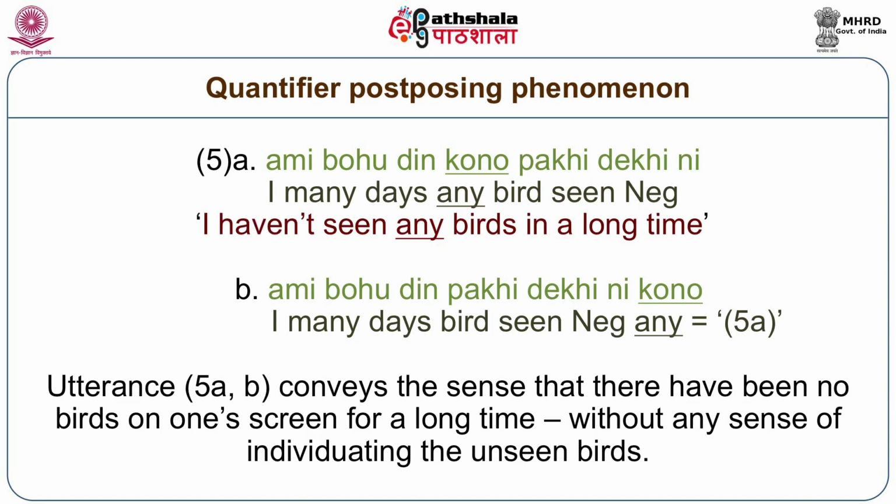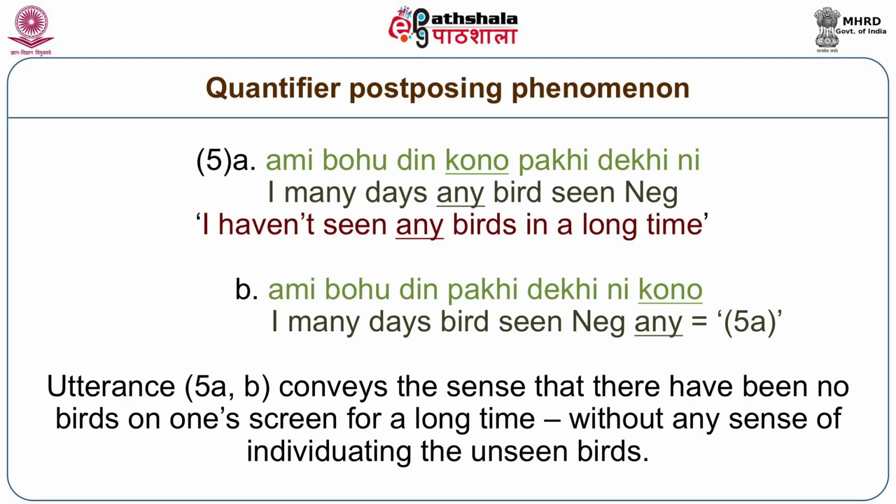Where kono pakhi, any bird, does not carry any case marking. It turns out I can move the word kono, which means any, to the extreme right of the sentence, producing from 5a the optionally different surface structure 5b. Ami bohudin pakhi dekhini kono. I, for a long time, bird, haven't seen any, which is not possible in English. You can't put any on the right in English.